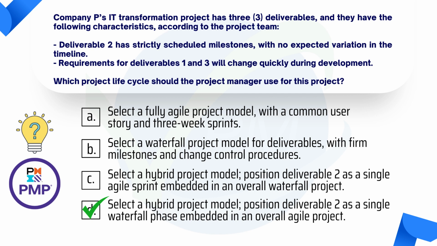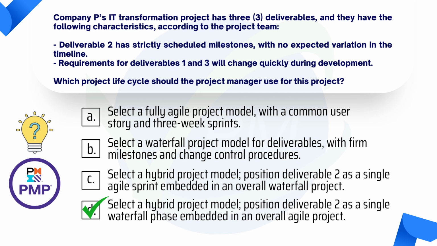When you say deliverable 2 has strictly scheduled milestones with no expected variation in the timeline, this means that you have a fairly bedded down requirement set because you know exactly what you need to do, because it states there's no variation in the timeline.